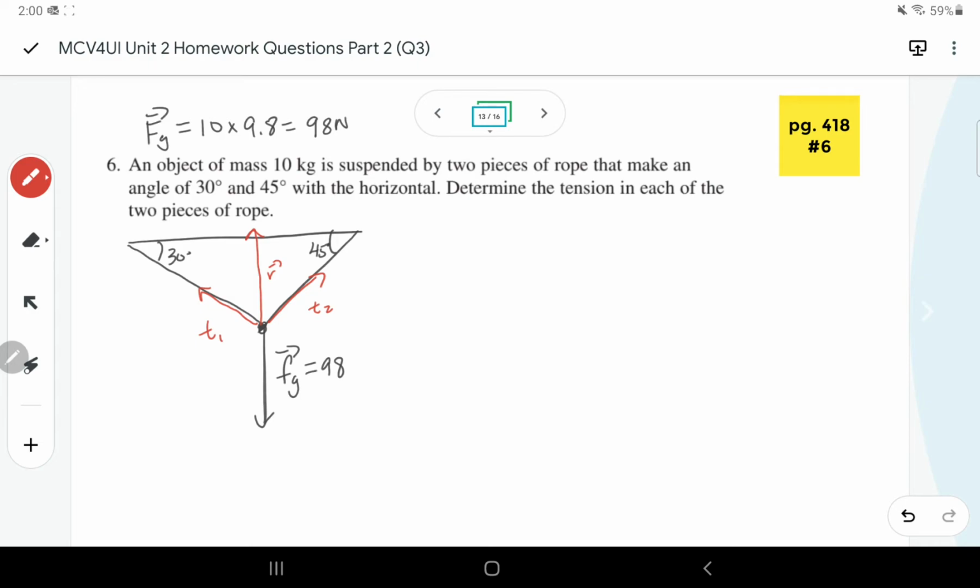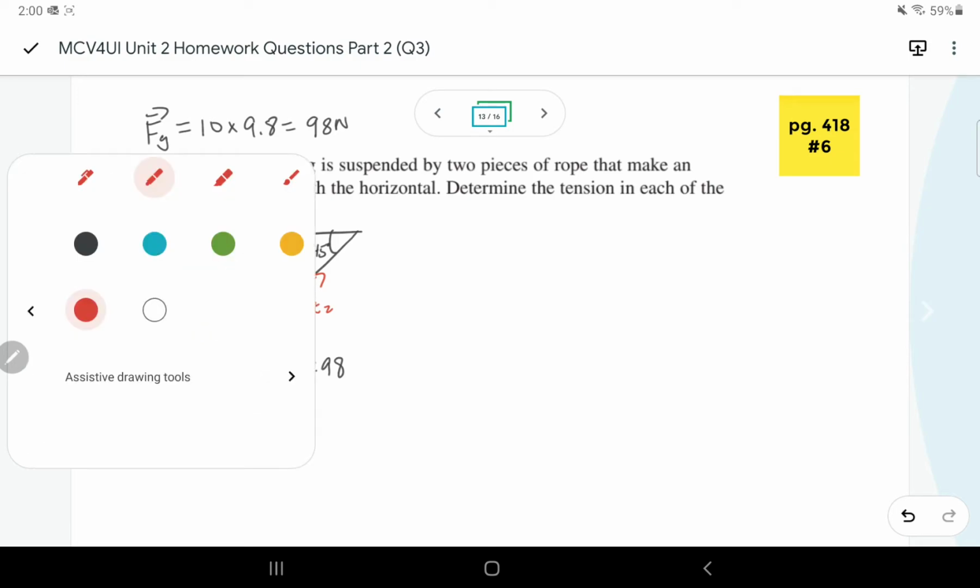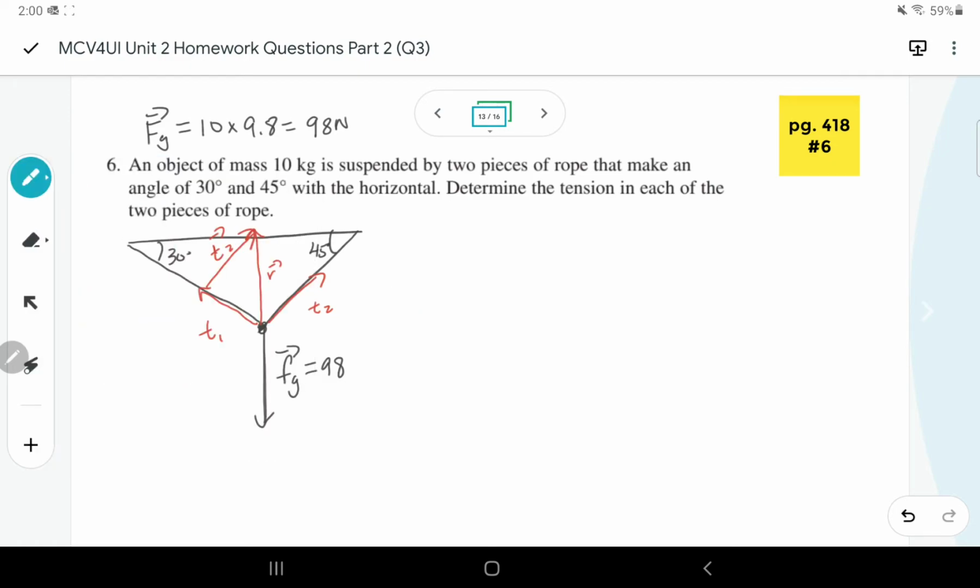So here, I know that I could redraw T2 up here, head to tail there. And then the important thing here is to be able to figure out what would be happening in the angles. So I think that one of the easiest ways to see this is to look at that triangle on the right and see that if this angle's 45, I know that that's a 90, so this angle here would be 45 in there.